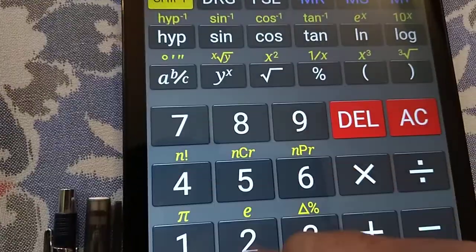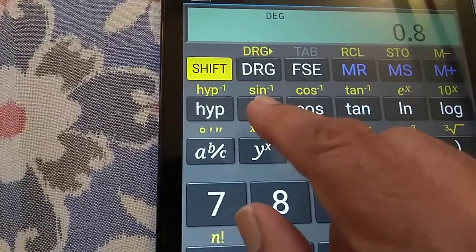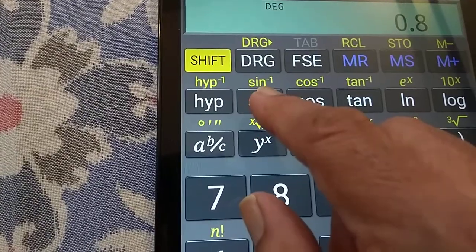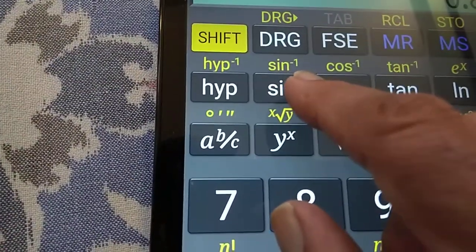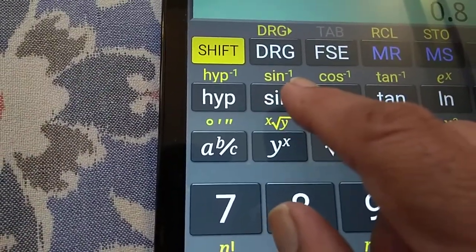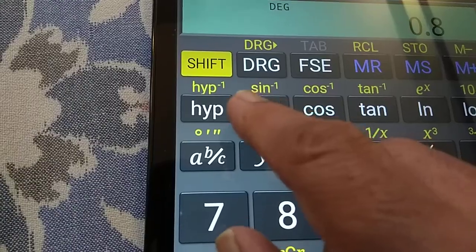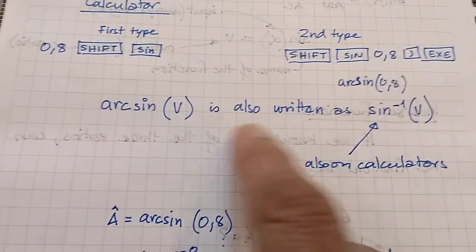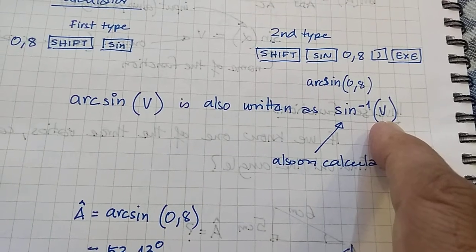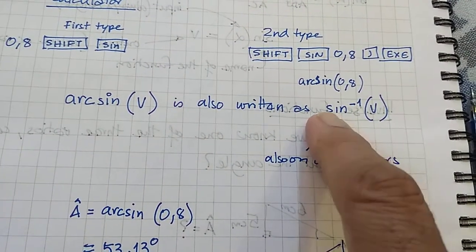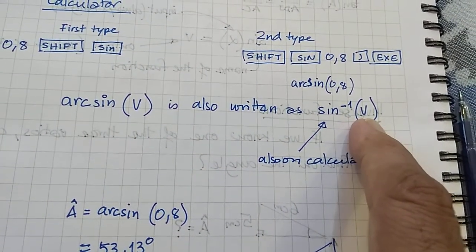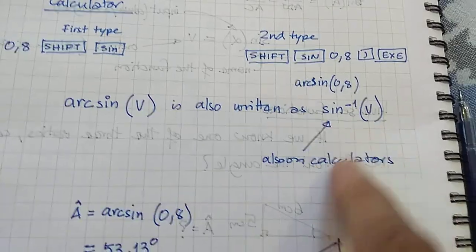Actually there is no key which says arcsine, but on top of the sine key it says sine minus 1. It's actually sine inverse. So arcsine is also written as sine inverse. You see this on calculators.